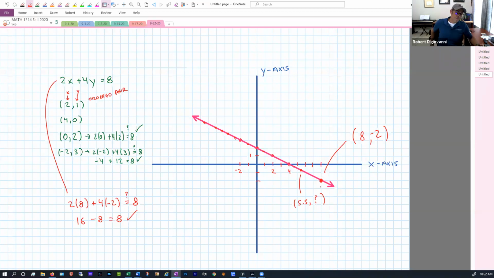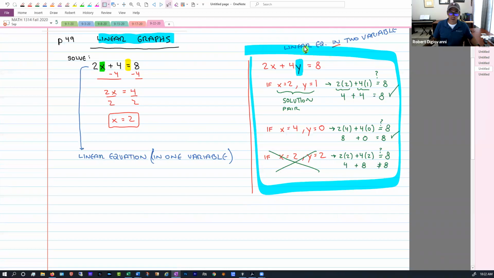So a line is simply a visual representation of the solutions to a linear equation in 2 variables. That's all it is. That's where the whole idea behind calling it a linear equation comes from: the graph of the solutions is a line. That's where the name comes from.